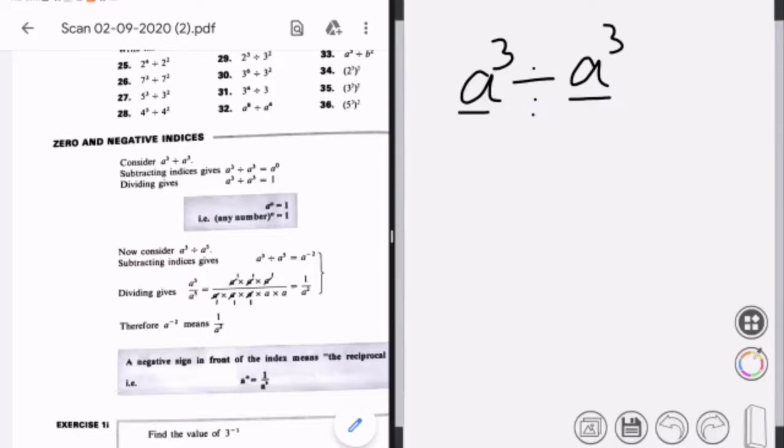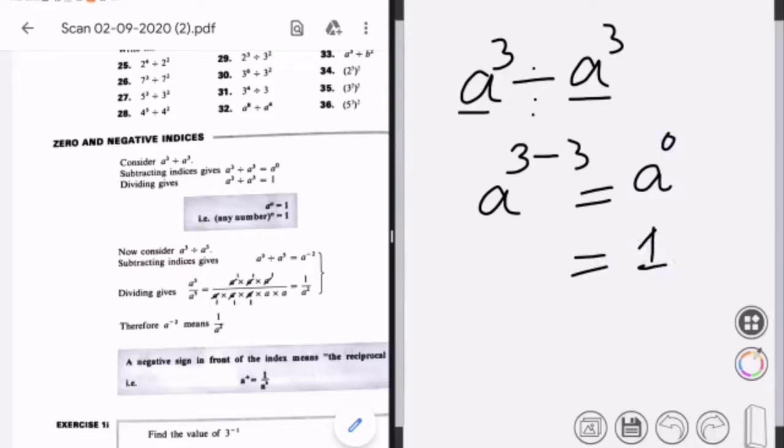If here is a positive sign, we will add the values. 3 minus 3, a power 0. And keep in your mind, anything power 0 equals 1. Any number power 0 equals 1. For example, 1000 power 0 equals 1.